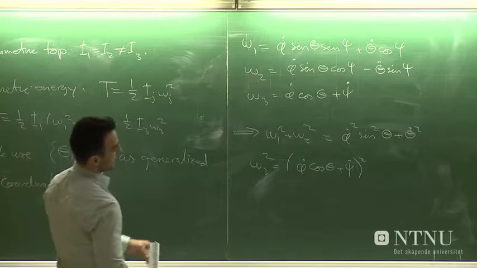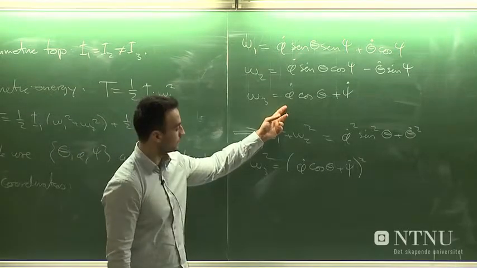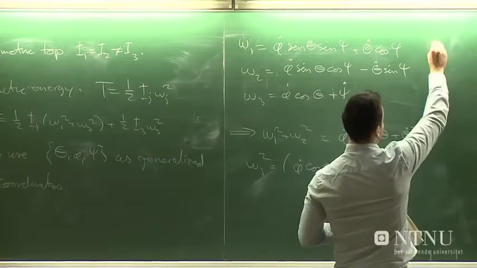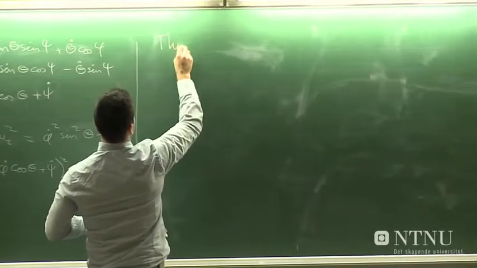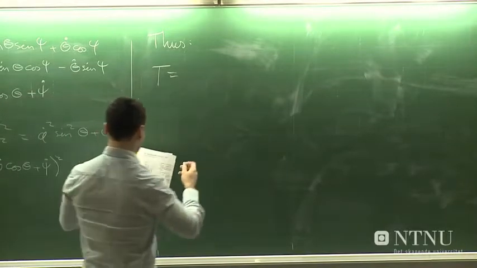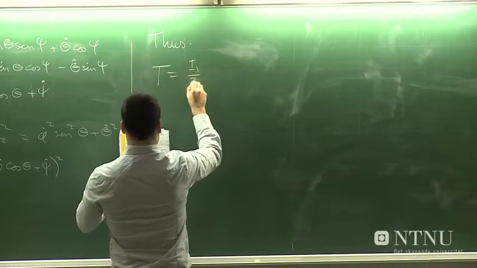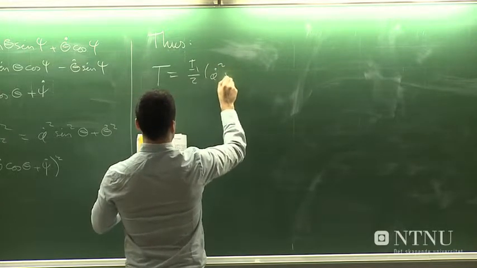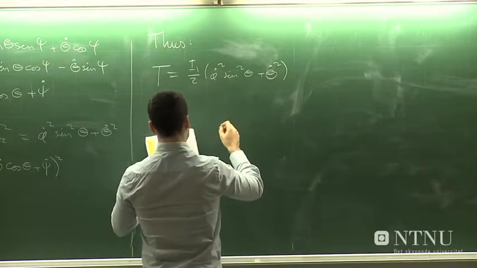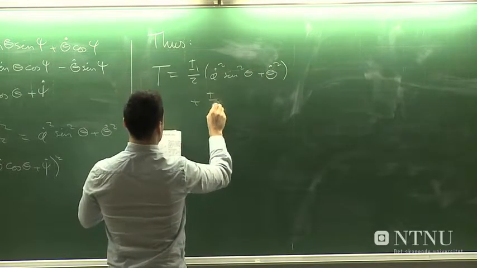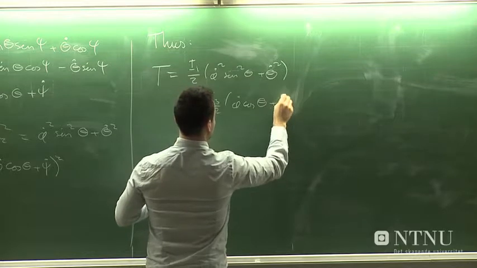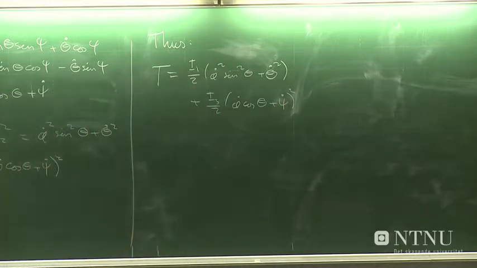It's already pretty much as simple as it gets. So it looks like this. So by inserting these expressions for omega, we have the following kinetic energy.